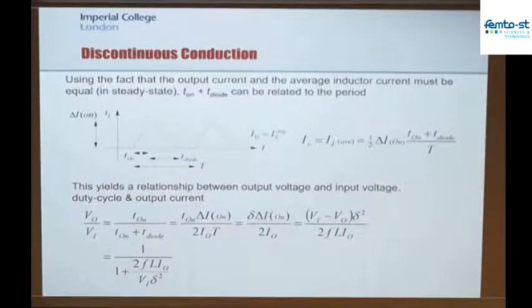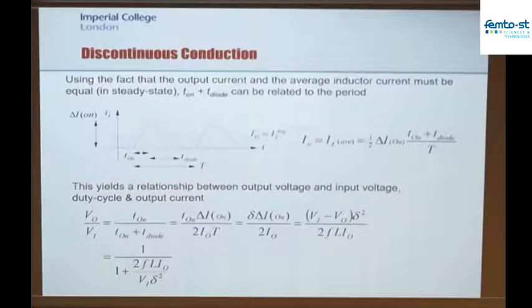And you can see now that it is not simply that nice relationship where the output is delta times Vin. It relies on Vin, but it also relies on the frequency of operation, the specific value of inductor, the amount of current that's flowing, and the square of the duty cycle. And what actually happens there is that as you start to decrease the load on these systems, as you go into discontinuous mode, the output voltage tends to fly up.